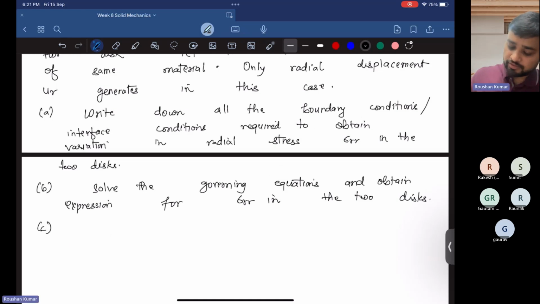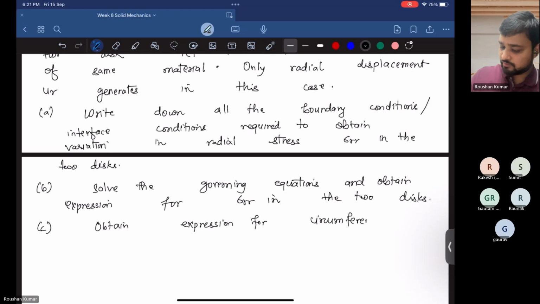And the third part is: obtain an expression for the circumferential hoop stress.